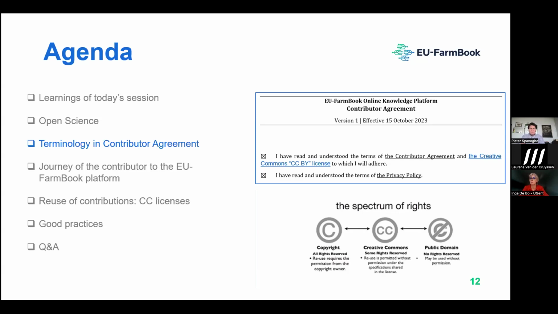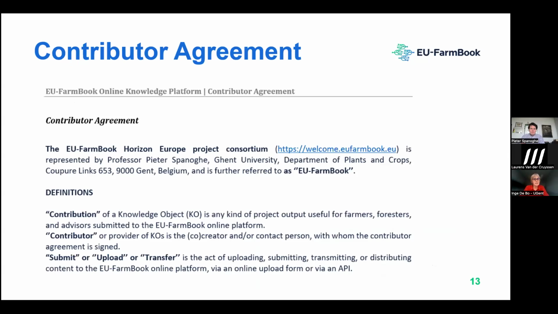But of course, we want to have a closer look and see the detailed information, your rights, and what we expect from your side. It starts with the 2 parties. On one side, you have the project, you as contributor, and on the other side, the EU-FarmBook Horizon Europe Project Consortium, represented by Professor Pieter Spanhoge.